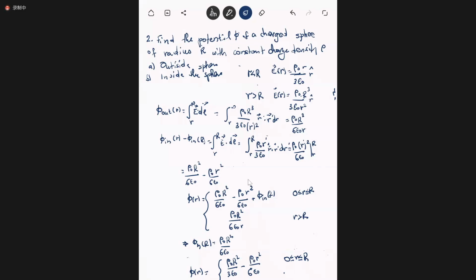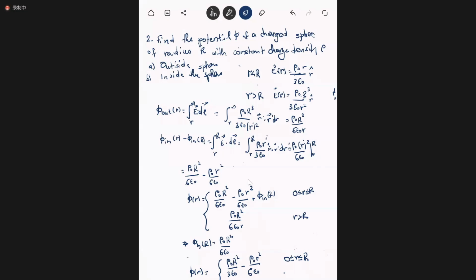So we do have a charged sphere, and what we're looking for is the potential at different distances from the center of the sphere. So we have a sphere that has a certain radius, we call it capital R, and we try to figure out what is the potential of that sphere at points inside the sphere, in other words, in the interior part of the sphere, and points at the exterior part of the sphere.